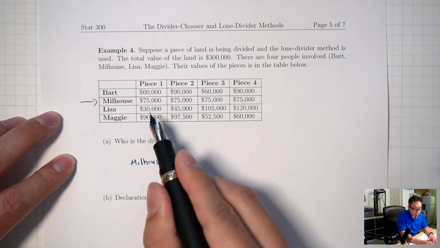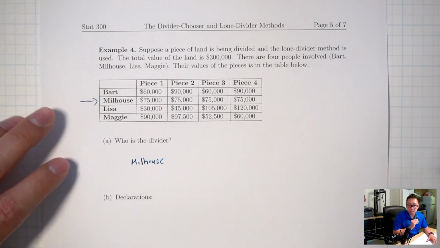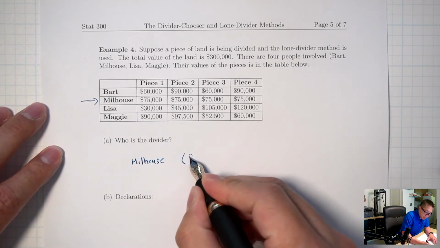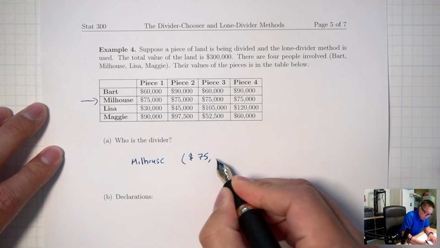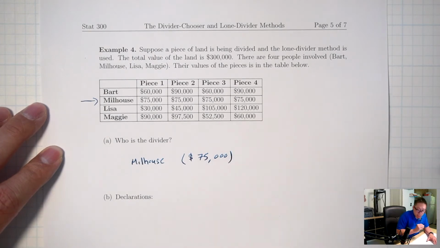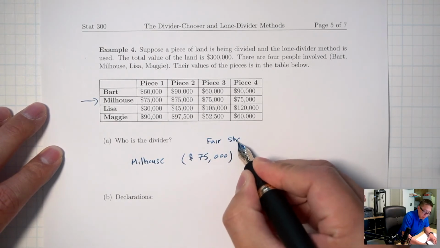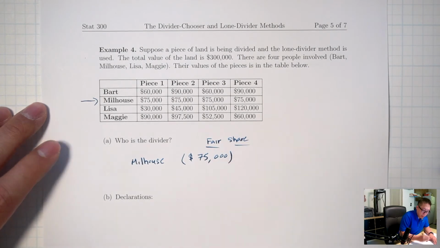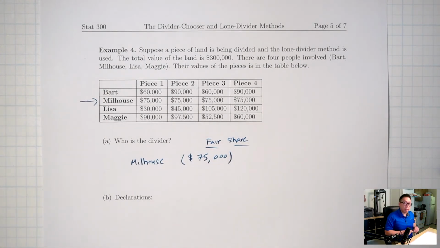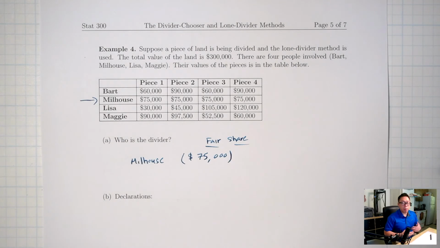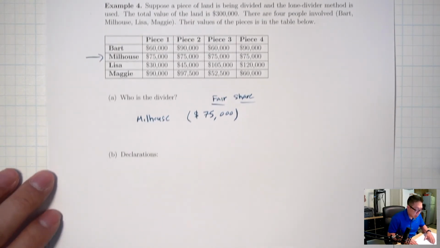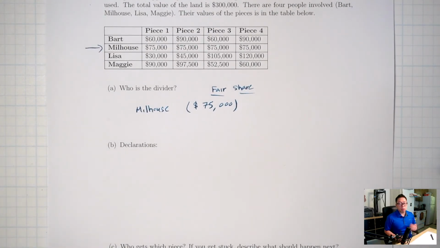And I'm going to write his value on each piece because that's important. Because that's actually the fair share number. And that's important because that number is what each person deserves. So each person deserves $75,000 worth of land for them to be happy. Now, the next step is what's called the declarations.